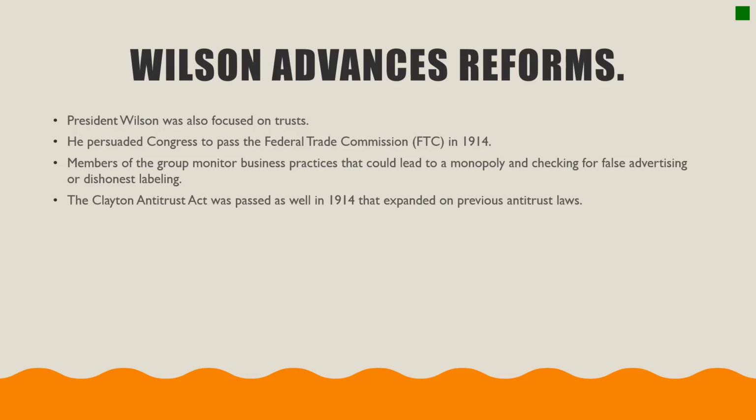Sometimes you might hear on the news that the FTC is looking into an internet company or Facebook or whatever the case may be. They're looking into different things to make sure they're not engaging in unfair business practices. The Clayton Antitrust Act was also passed in 1914 and expanded on previous antitrust laws.